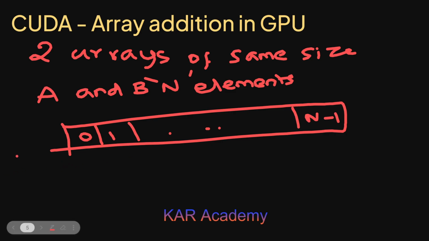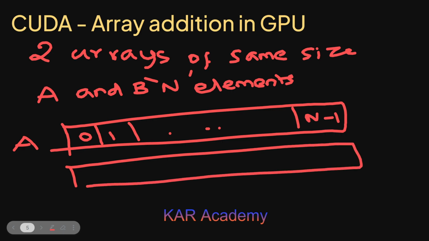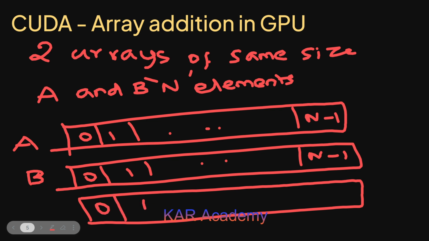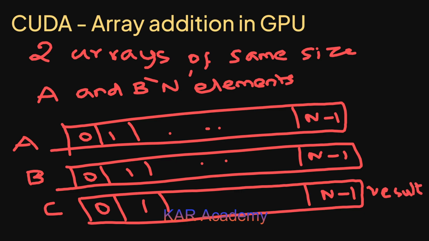Let's say this is array A, and you have another array B with the same indices 0 to n minus 1. These are two source arrays, and you have another array C with the same number of elements, 0 to n minus 1. This is array C, which will hold the result.